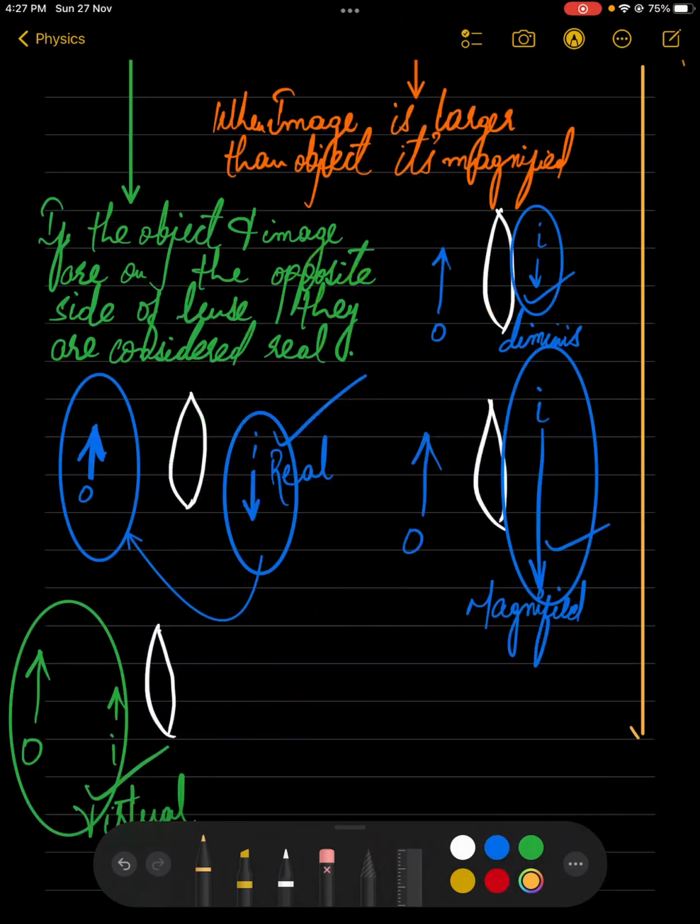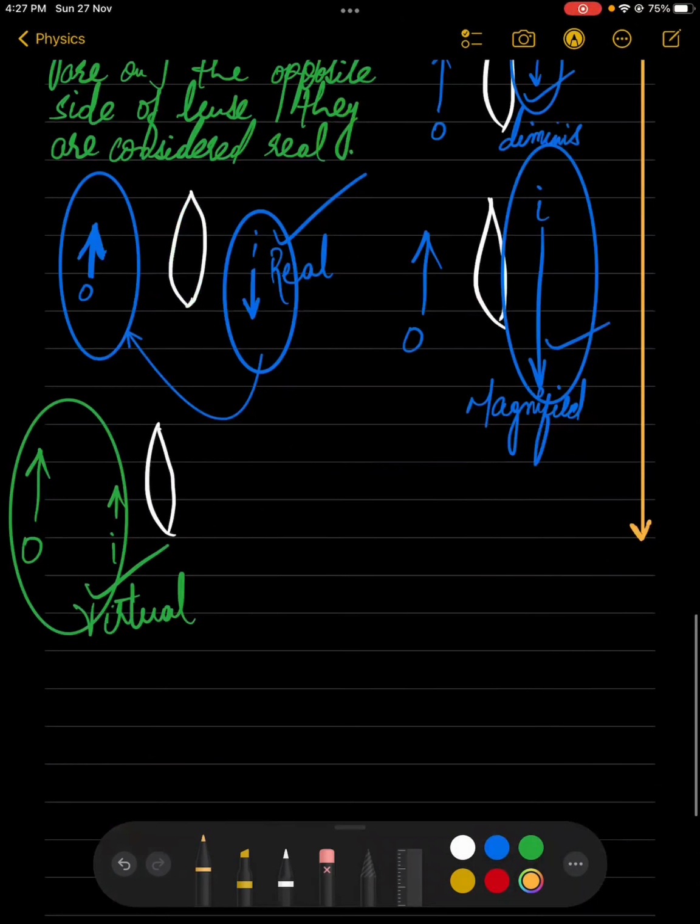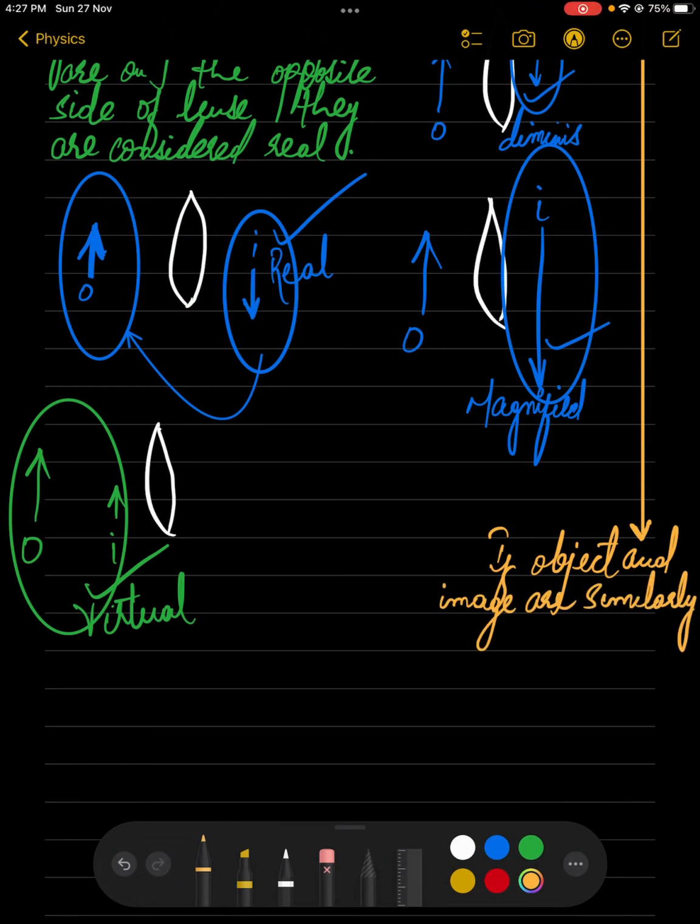तो upright और inverted का केस अब हम करने लगे हैं शुरू. तो upright या inverted के केस में आपको ये समझना है that if object and image are similarly placed, it's an upright image.